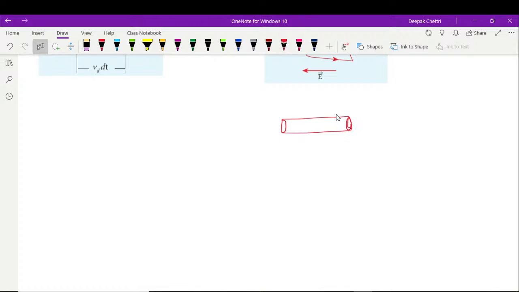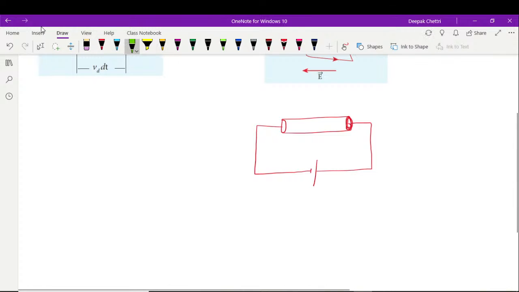It is made up of metal, right? So suppose this is a conductor connected to a battery. Now what happens? The electrons that are sitting inside are subjected to a potential difference, because of these positive and negative terminals.